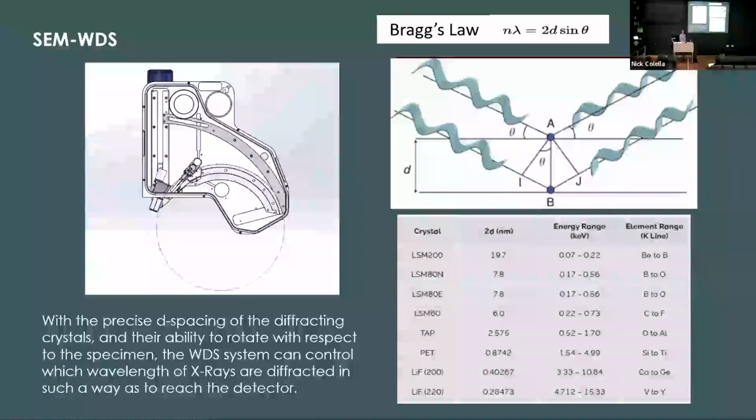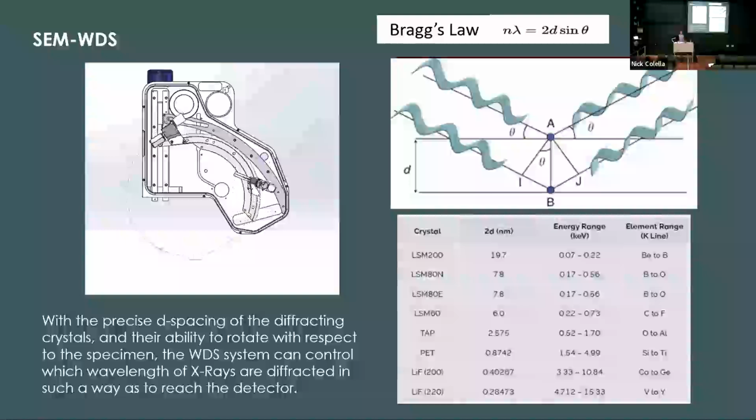And if you're familiar with Bragg's law, and I guess even if you're not, we're able to manipulate the selection of the crystal. You can see from this animation that the crystal itself can rotate in such a way that for a selected wavelength at any one time, Bragg's law is satisfied so that the signal will come from the sample off the crystal and make it to the detector.